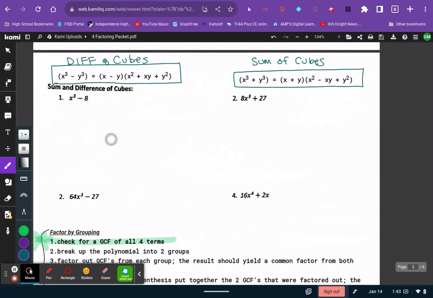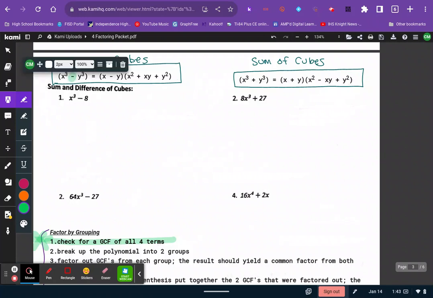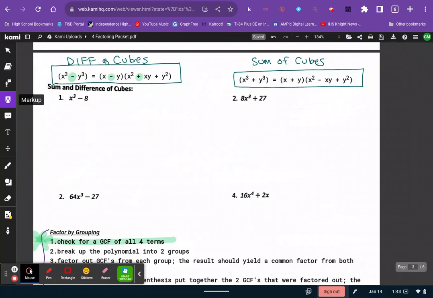The only differences between the two patterns is the fact that difference of cubes is subtraction here and addition here. And if you have a sum of cubes, there's addition here in the first spot, and this is subtraction. So that's the only difference in the pattern.